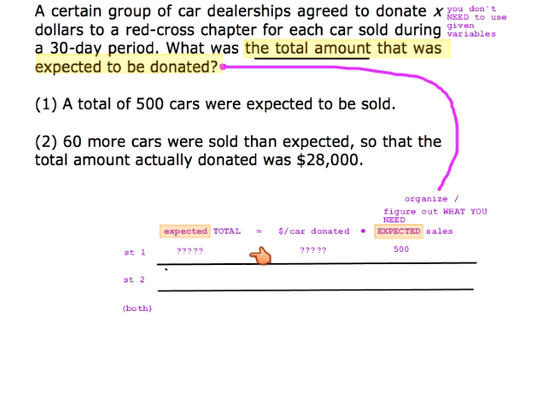So if you are one of those people, what that means is that you probably just have to write more stuff down on the paper and look at it with your eyes. If you've gone to enough of these sessions, you're probably sick of hearing me say those words. Write it down and look at it with your eyes. That's what you have to do. Because if you write this and you know that you need the sales times the dollars per sale, it's going to be very clear that statement 1 is not sufficient.